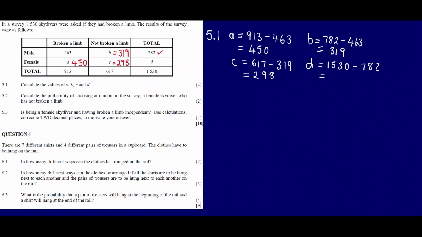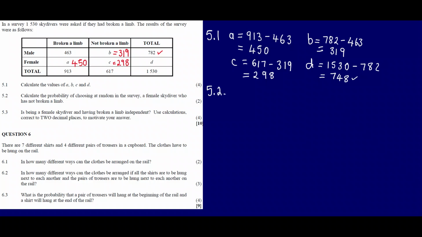So 1530 minus 782 is 748. We can also confirm if 450 plus 298 gives us that answer, and yes, it does. So it means that we've done this correctly and the table works perfectly fine.